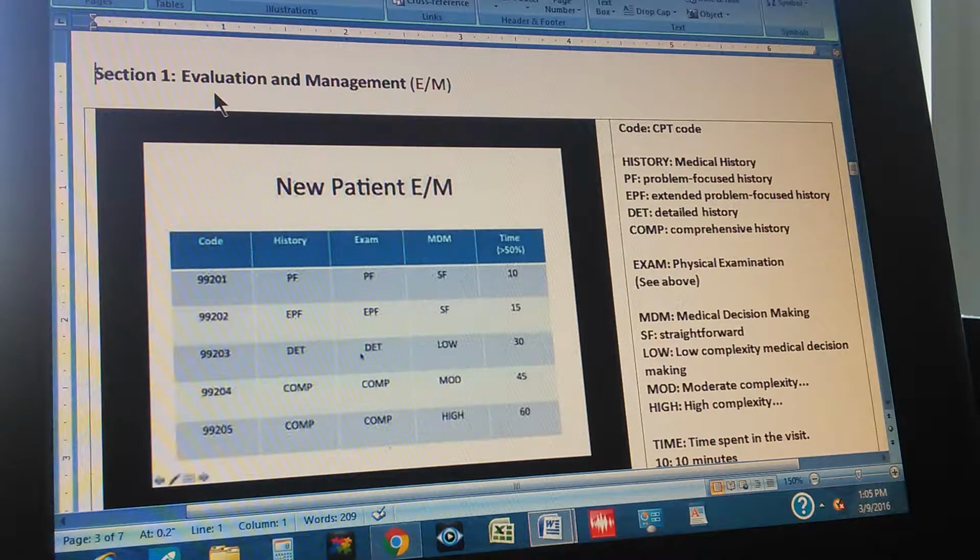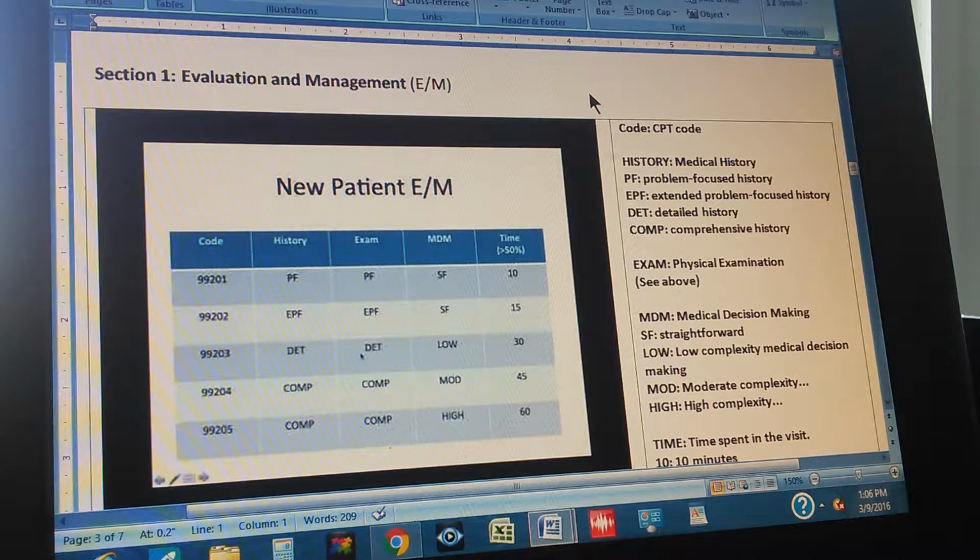Section 1 is Evaluation and Management. Its abbreviation is E/M, and it's called Evaluation and Management. What it is, is just to classify the kind of visit that the patient has to the doctor's office.